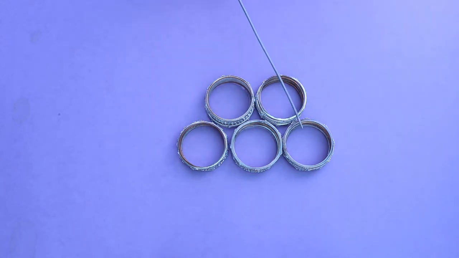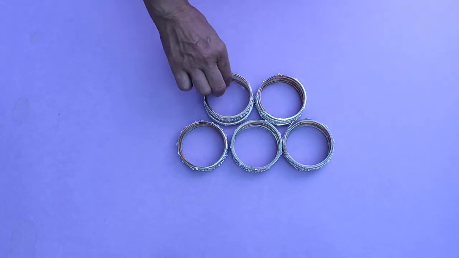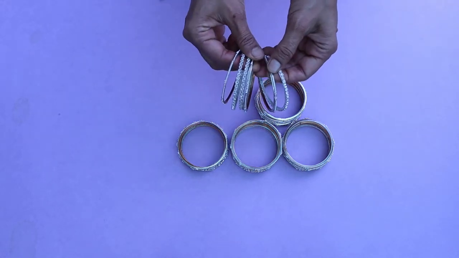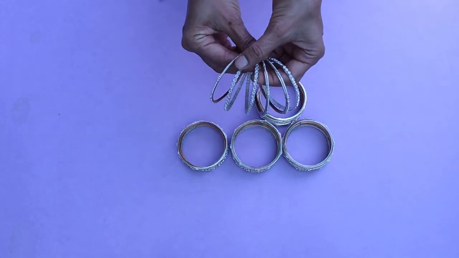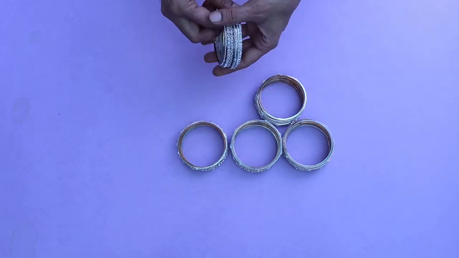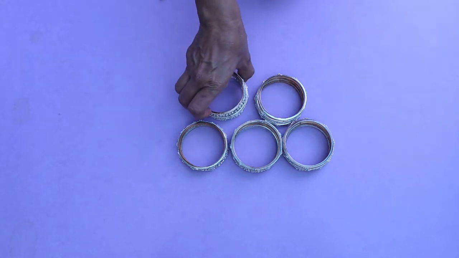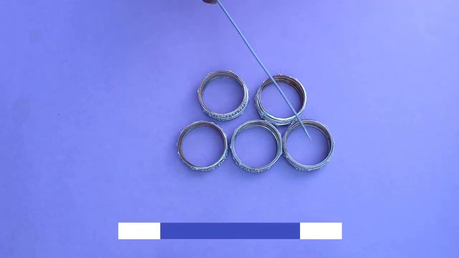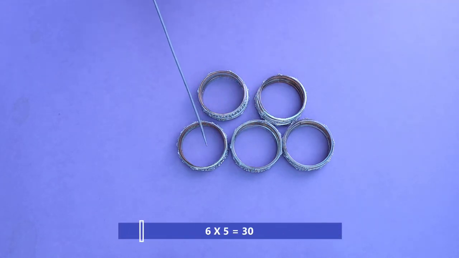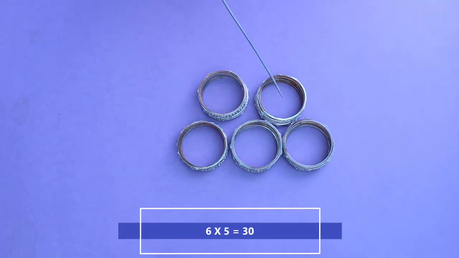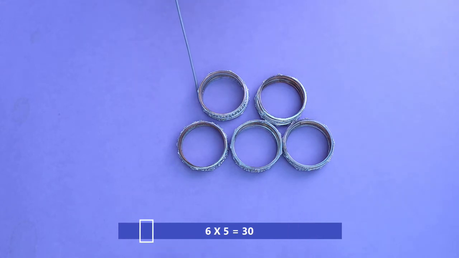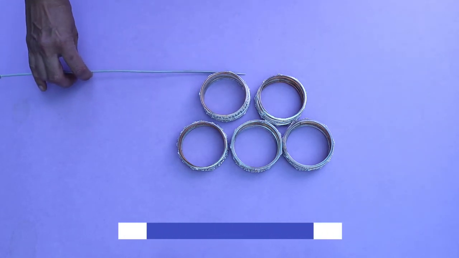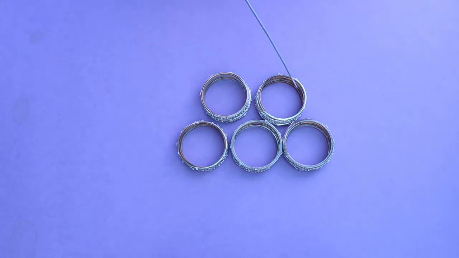There are 5 piles, and in each pile there are 6 bangles. 6 ones are 6, 6 twos are 12, 6 threes are 18, 6 fours are 24, 6 fives are 30. So my 30 bangles have been arranged in 5 piles of 6 bangles each.